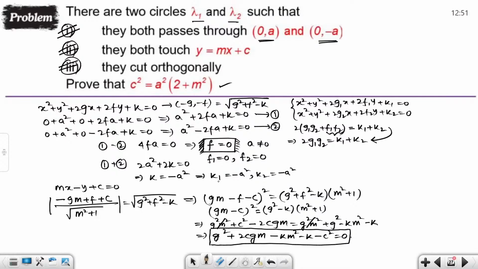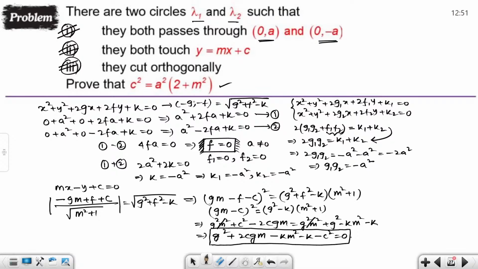Now we can easily see that k1 is minus a square, k2 is minus a square, right? So 2 times g1 g2 is minus a square minus a square. That gives us g1 g2 is basically minus a square, because this is nothing but minus 2a square. 2 will go off. So g1 g2 is minus a square.